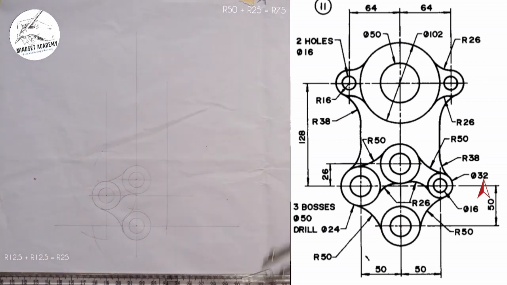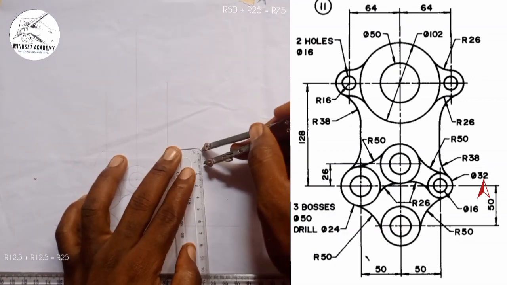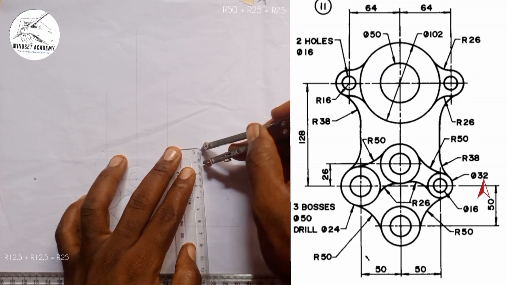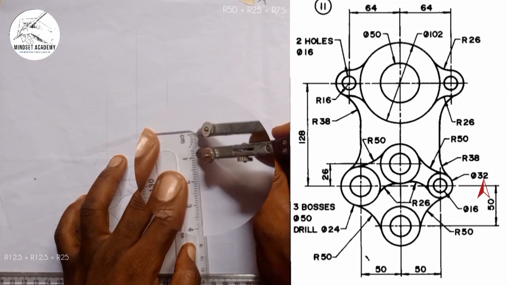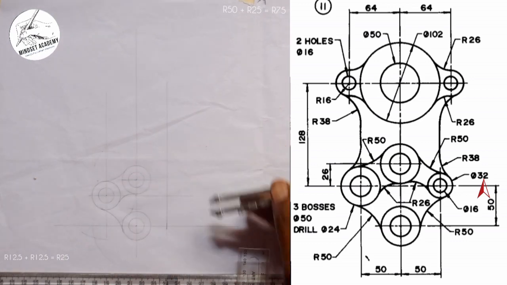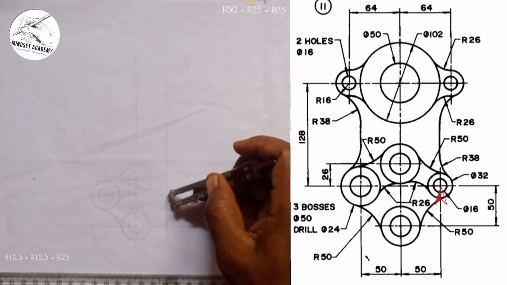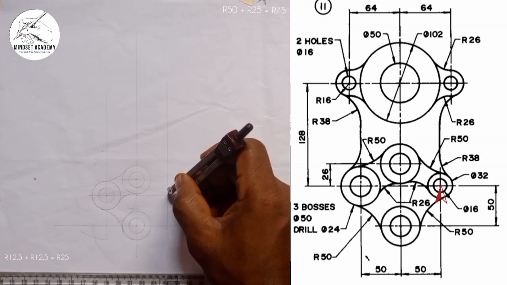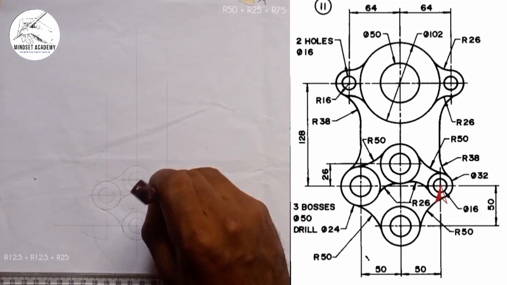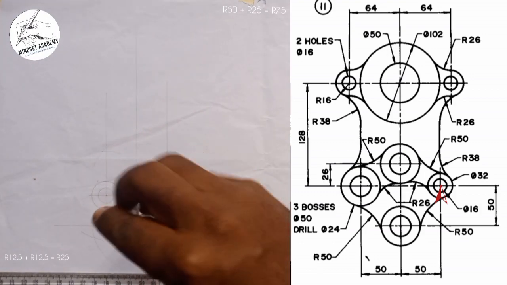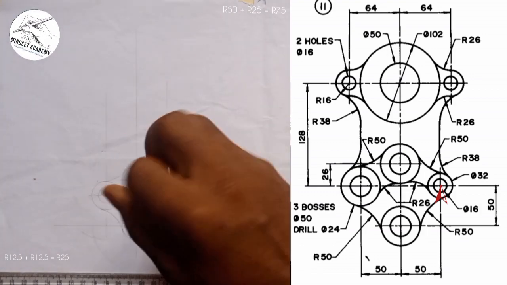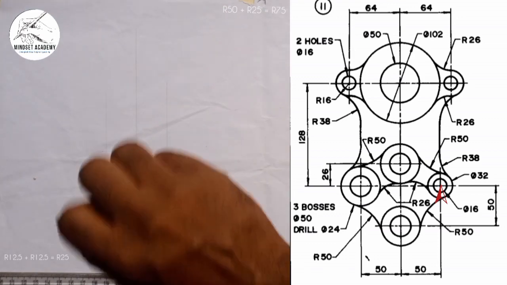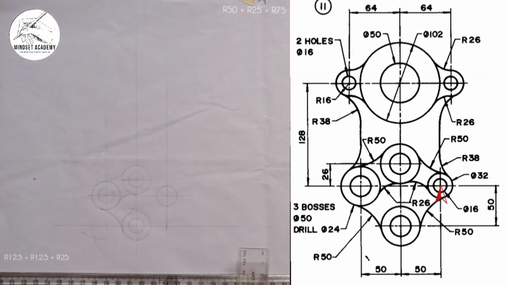I'm going to measure the radius of 8 on my meter rule this way. This is the radius of 8 here, and I'll place it at the center here, which marks the center of my circle this way, and I'm going to draw a circle. I'll thicken it. You can see that.